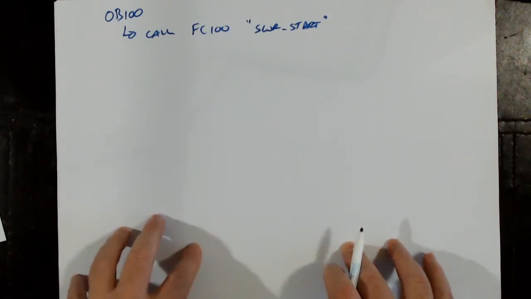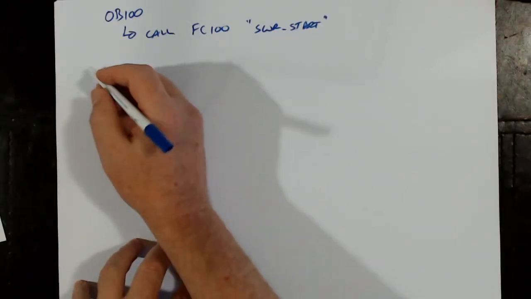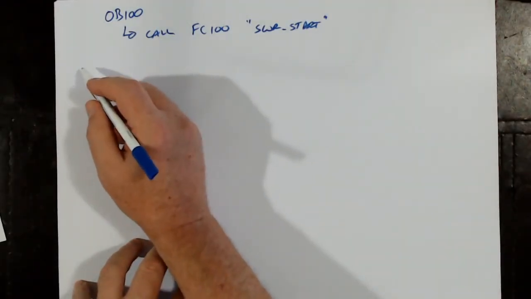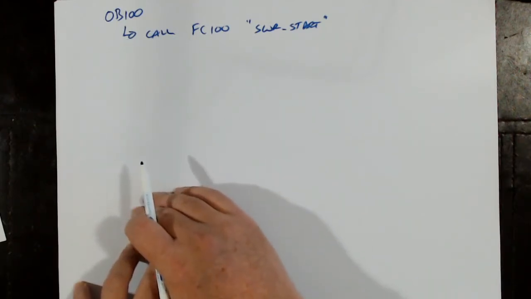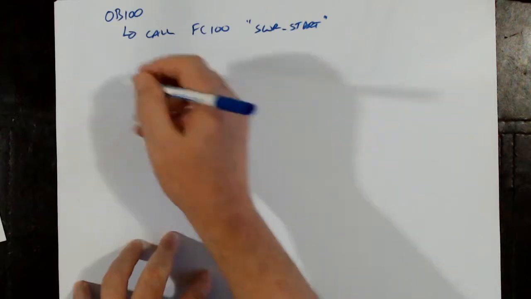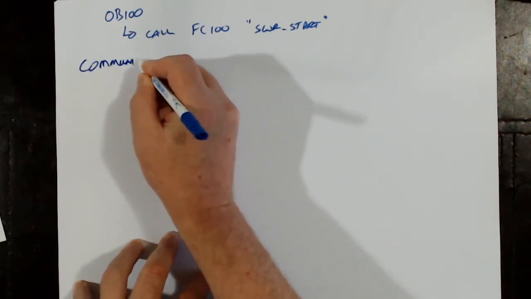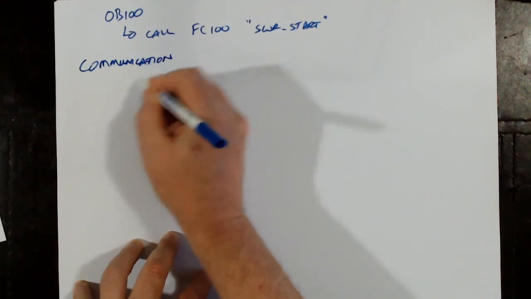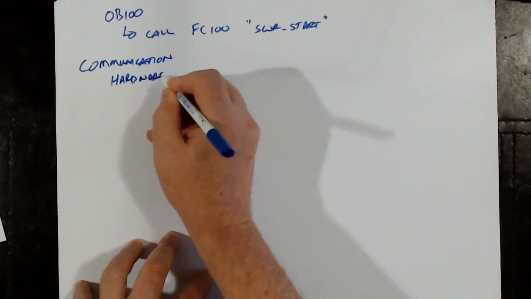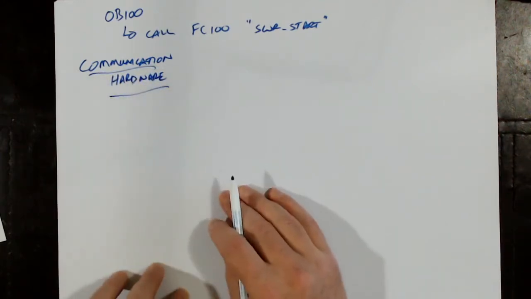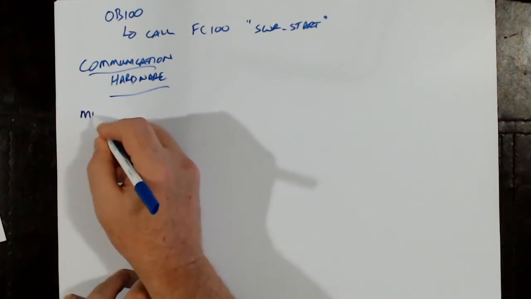FC100 requires some information. It needs to know how it's going to communicate between the two PLCs and the ET200 stations themselves. So we've got communication hardware, and that is things like MPI addresses.